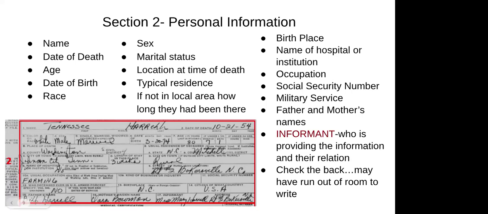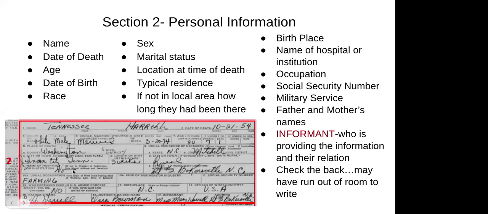So this person was in Washington County and they typically lived in Mitchell County, North Carolina, but they were actually visiting Johnson County or Johnson City, Tennessee. And if they're not there, how long they had been there. So this person was visiting, turns out visiting family for about 3 weeks before they passed away.